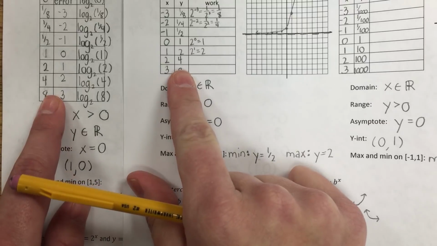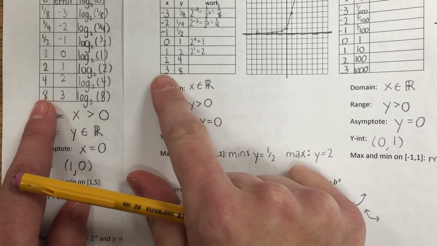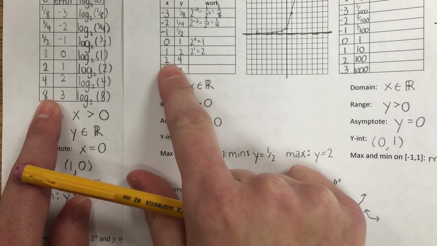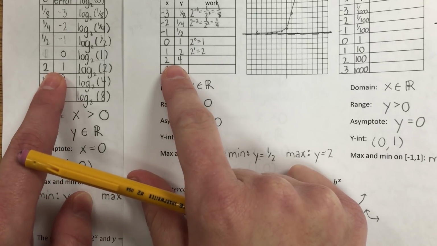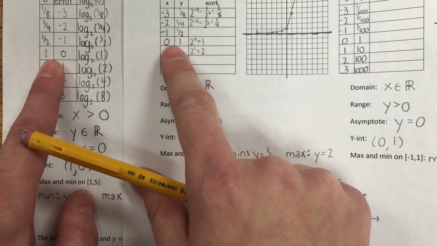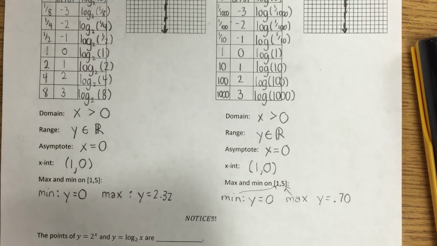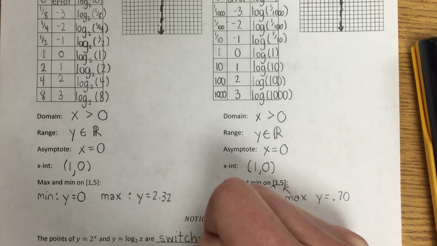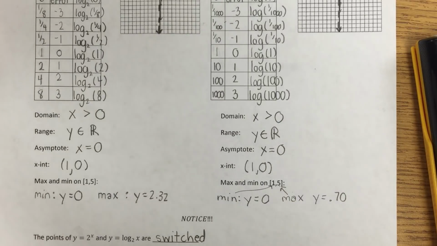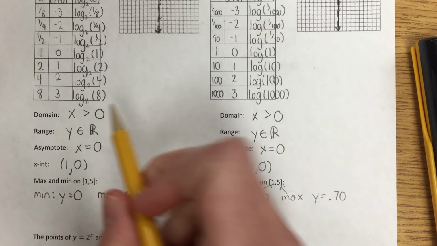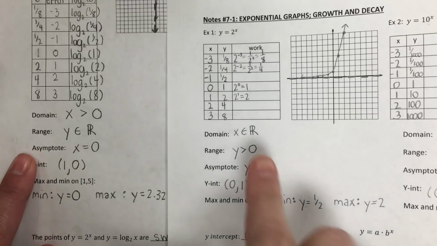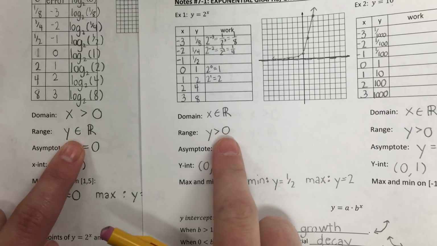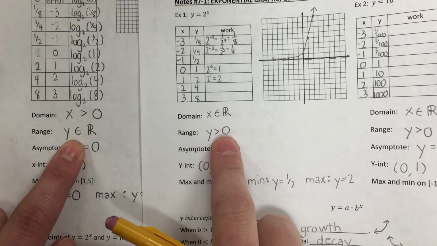If you go back and look at these points here, (3, 8), (2, 4), (1, 2), (0, 1), and here (8, 3), (4, 2), (2, 1), (1, 0), my points are switched. The domain and range of exponential and log, both base 2, are switched.